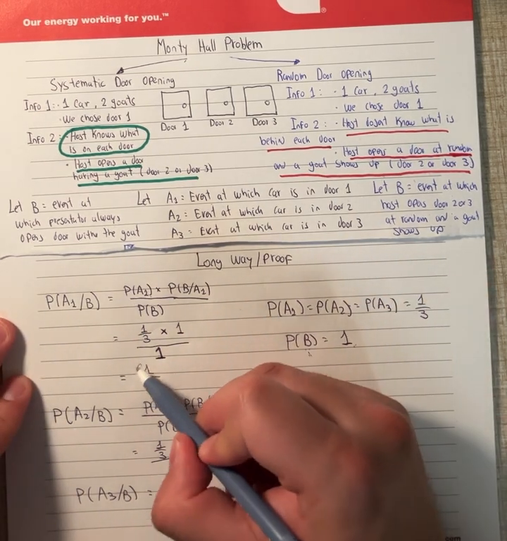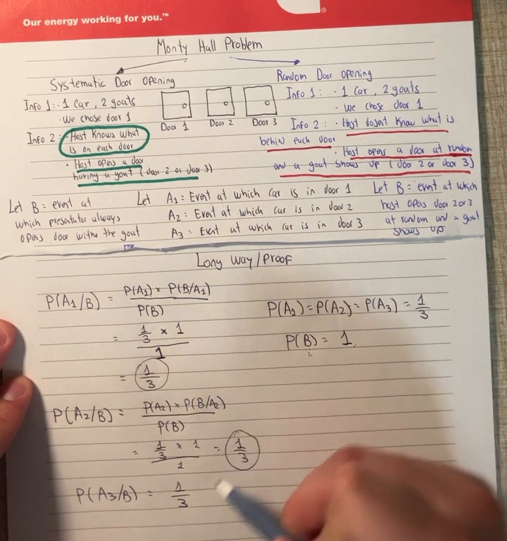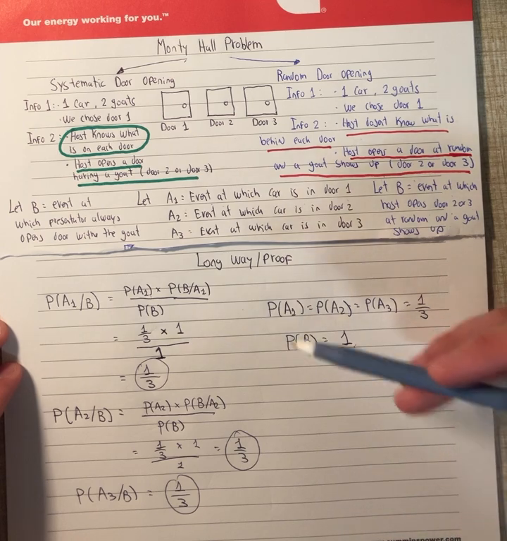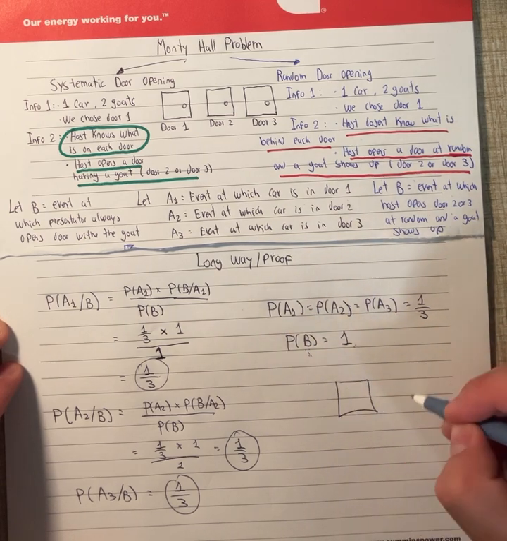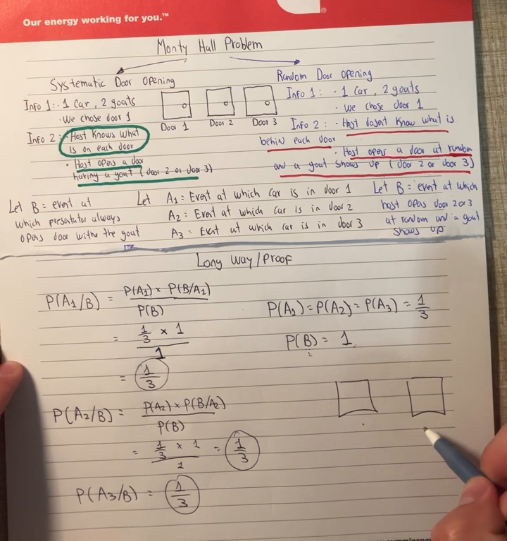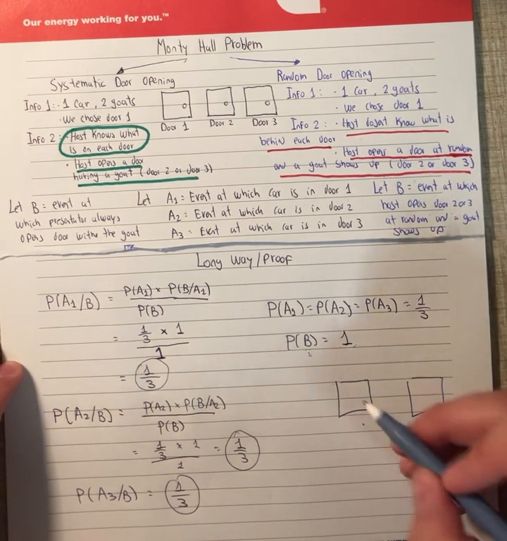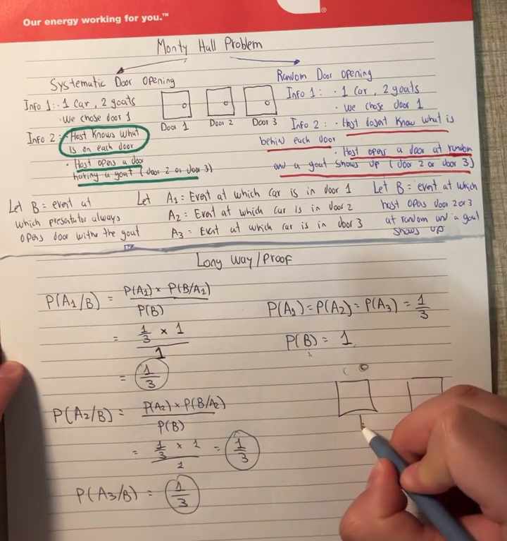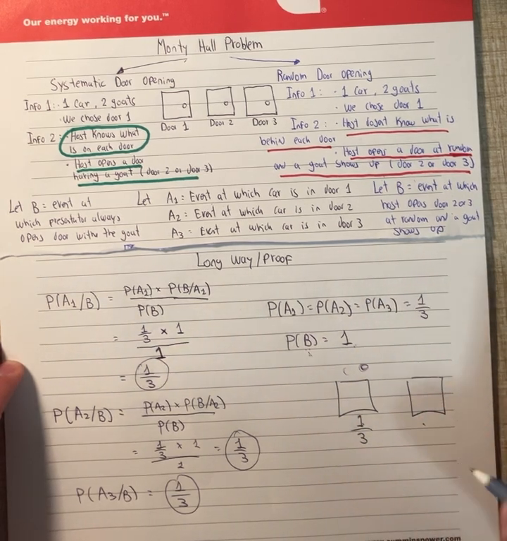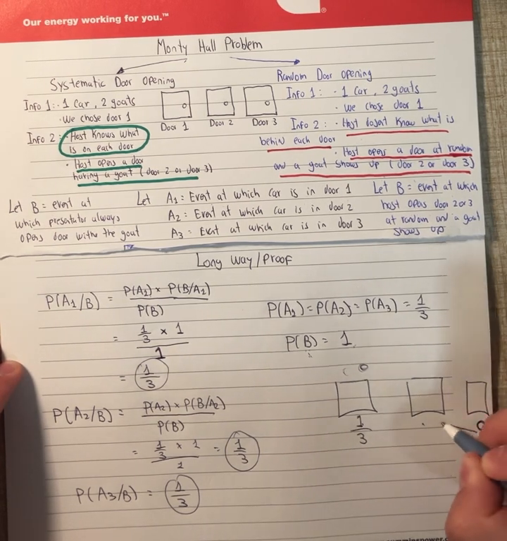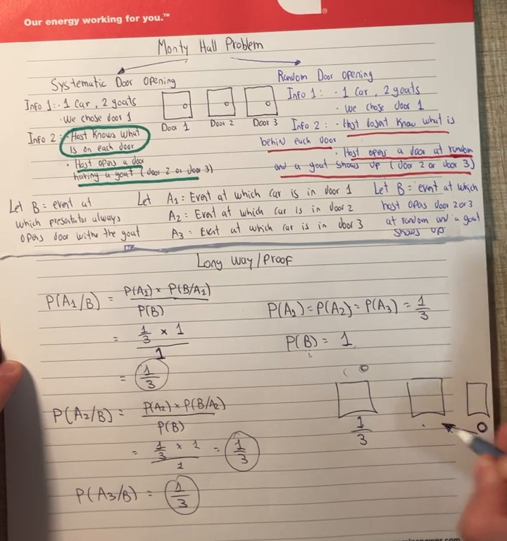What this is telling us is that even though the host opens a door and leaves you with two options, the probabilities didn't change. Your initial choice is still a 1/3 probability. However, because he opened, let's say, the third door, the probability there transfers to this one.